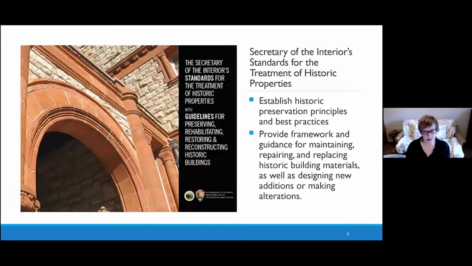These standards establish our historic preservation principles and best practices nationally. They were designed to provide a framework for maintaining, repairing, and replacing historic building materials, as well as applying to new additions, alterations, and changes to the surrounding building site.